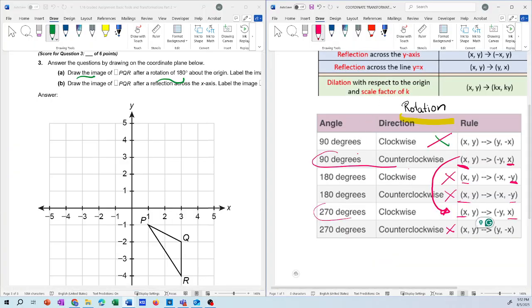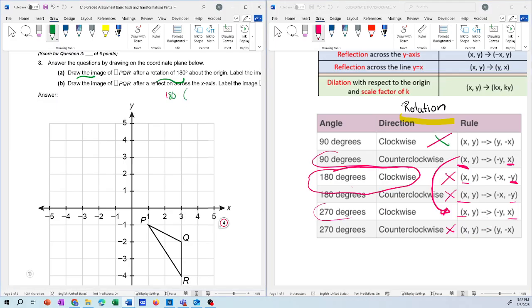Rotation of 180. Okay, we're going to use the clockwise. Yes? And you have 180. The formula is (x, y) → (−x, −y).